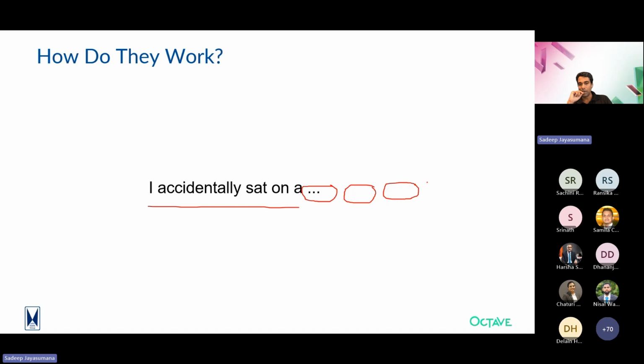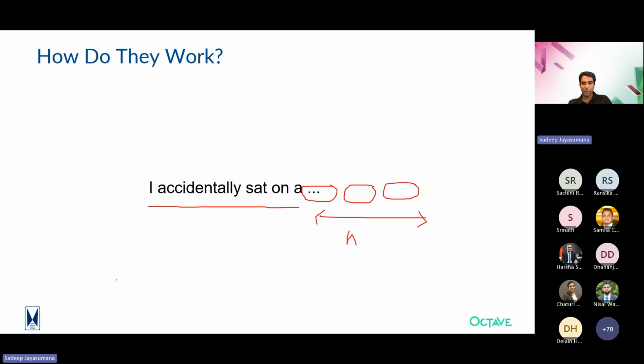Every time it generates a word, it runs the model, and then it feeds that generated word into the model in the next iteration, and then generates the next word, and then feeds those two words and generates the next one, and so on. So if you want to generate n words in the output, that means you have to run the model n times. That's why these models are a bit slow as well, because they're quite expensive to run.